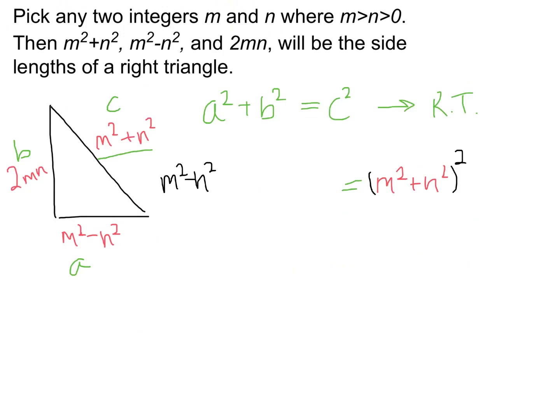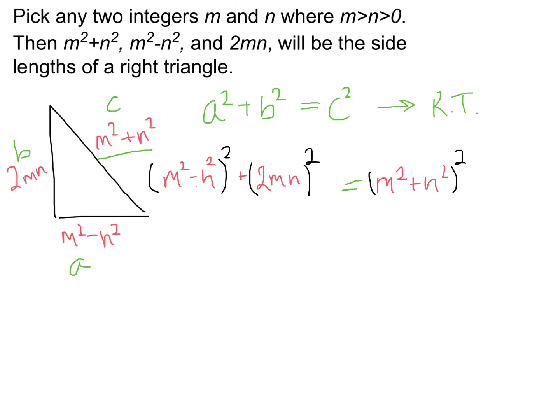I should have written that in red. Let me go ahead and do that. M squared minus n squared, that's side A, all squared, plus 2mn, side B, also squared.